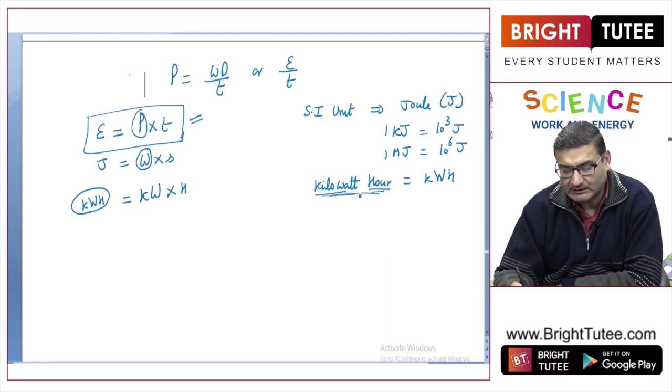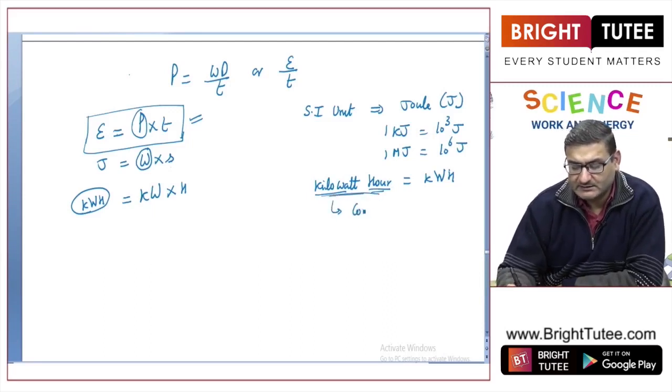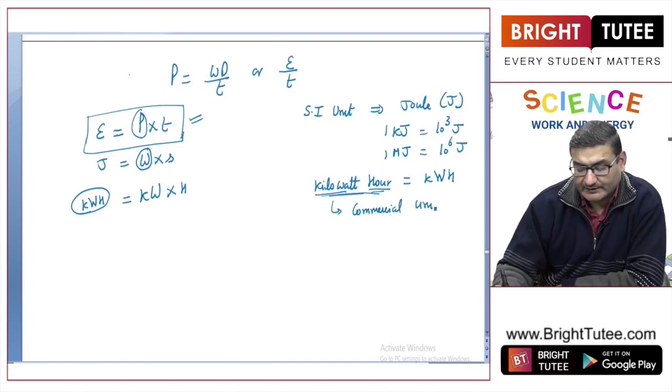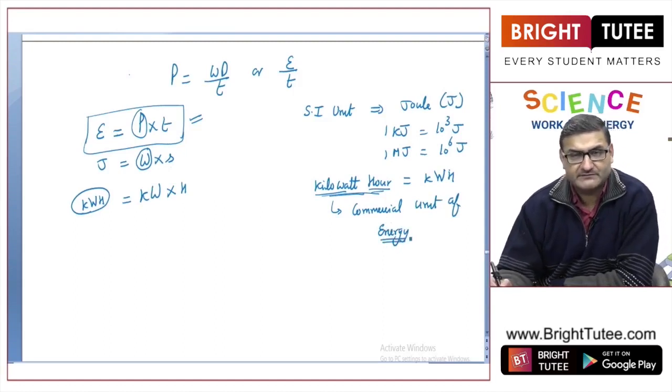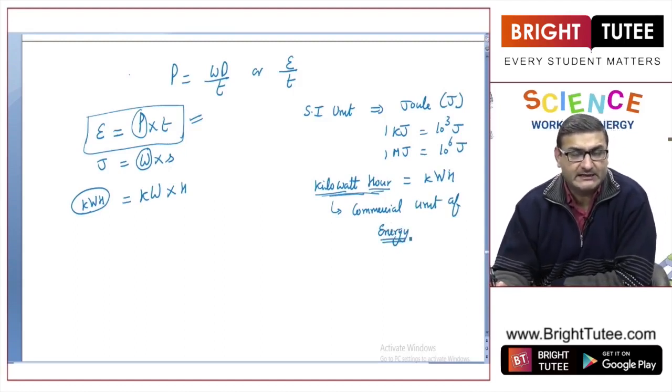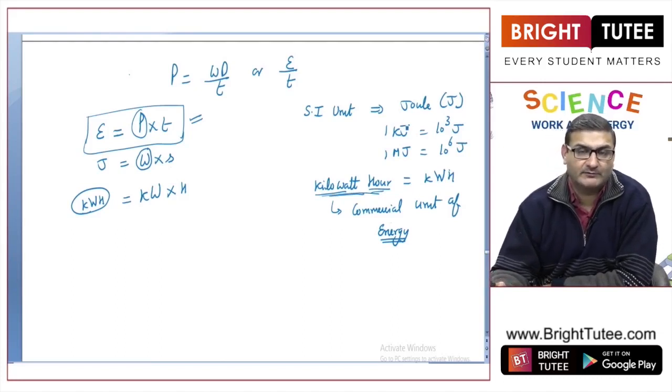This kilowatt hour is also termed as the commercial unit of energy. Why commercial unit of energy? Because whenever we talk about electrical energy being used for commercial purposes, like in our houses or in factories and industries, then joule and kilojoule are quite small units.